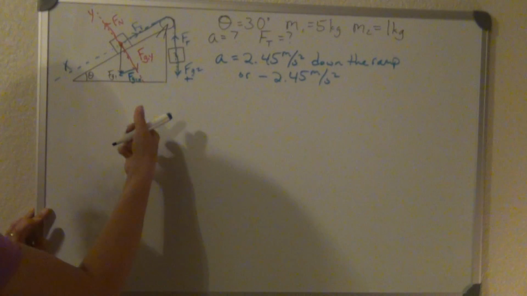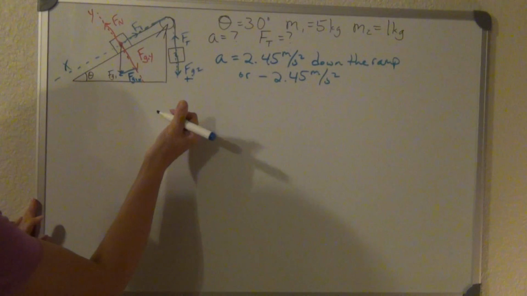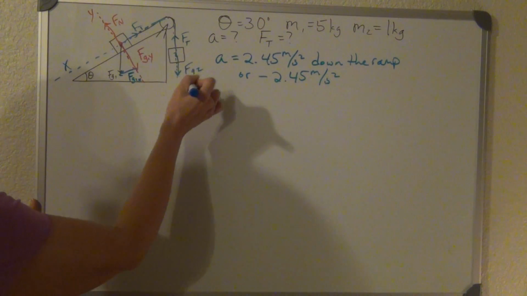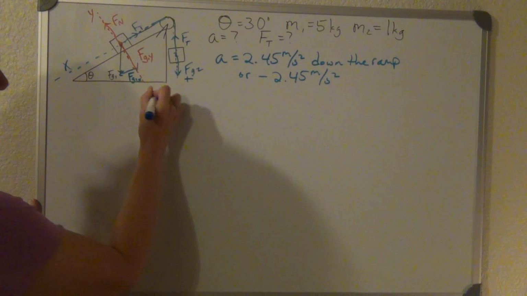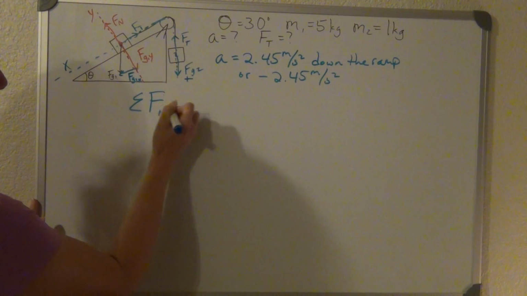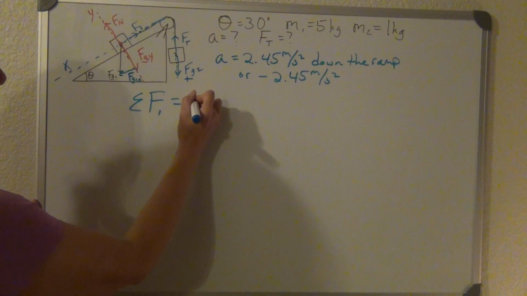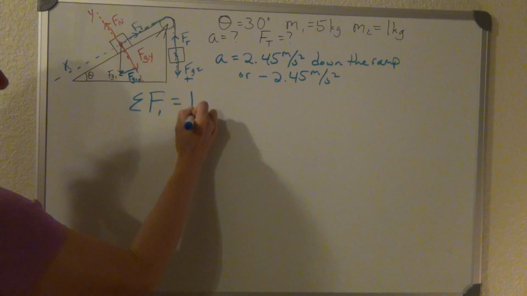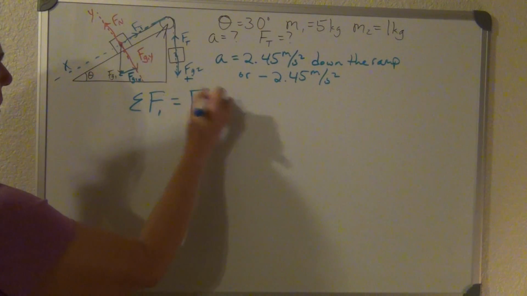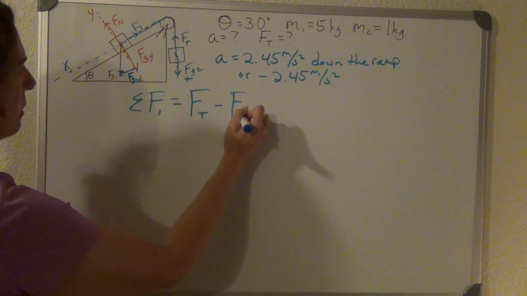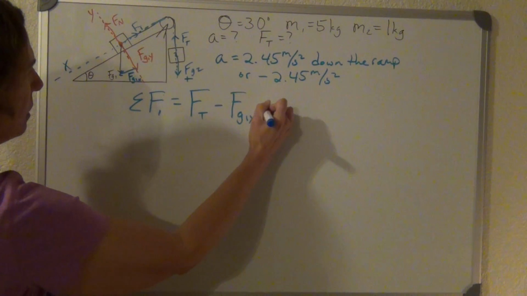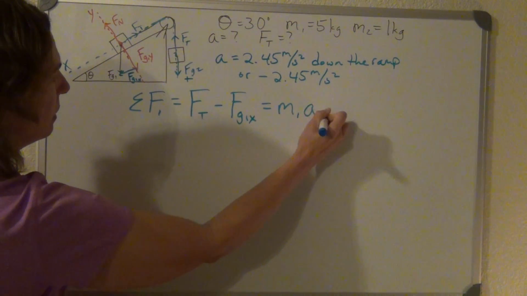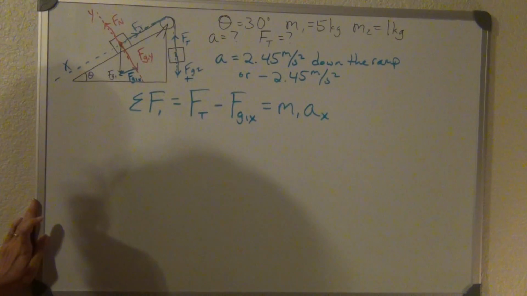And we had the equation that we solved through earlier for force of tension, but we'll go ahead and just look at it again just to be safe. Sum forces on object 1. We have force of tension, we took that direction to be positive, so Ft minus Fg1x equals m1 times acceleration in the x direction.